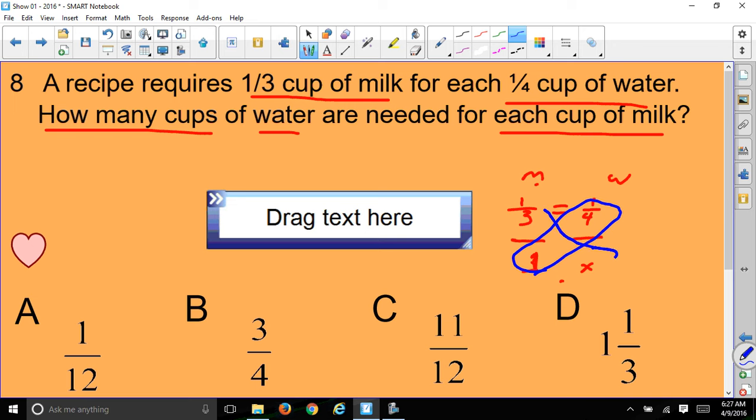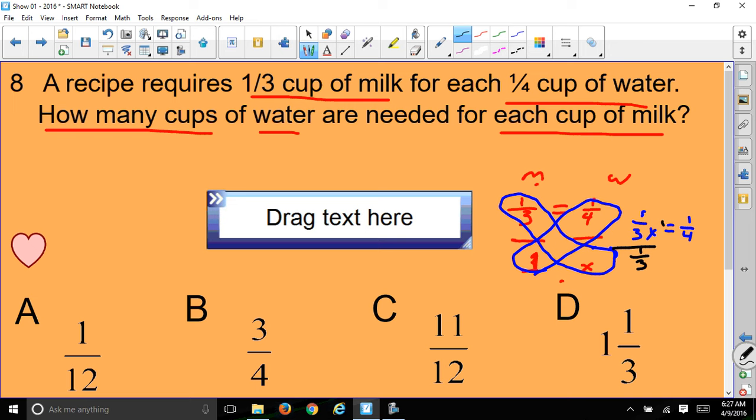So let's cross multiply. We have 1/3 times X is 1/3 X. 1/4 times 1 is going to be 1/4. Now I'm going to divide both sides by 1/3.